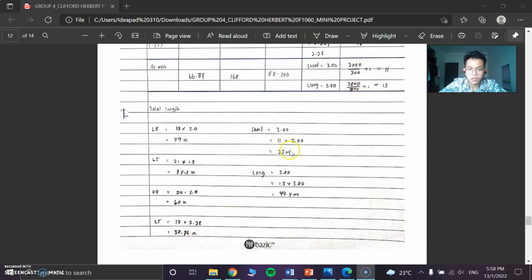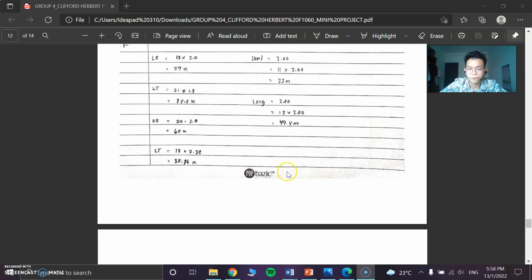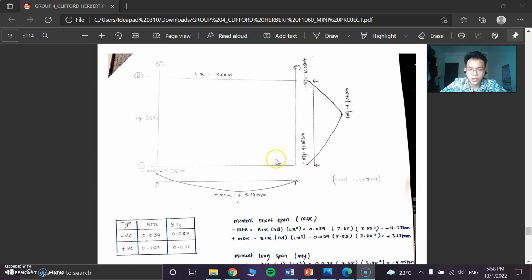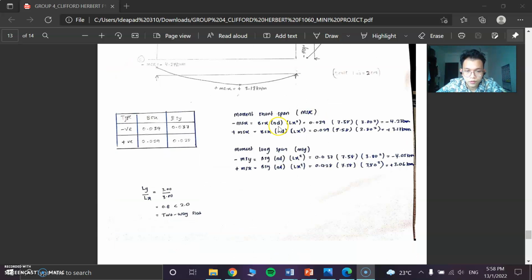For AS min will be 33 meter bar, and long will be 49.4 meter. So this is the drawing that I have done for the bending moment and the SFD graph.